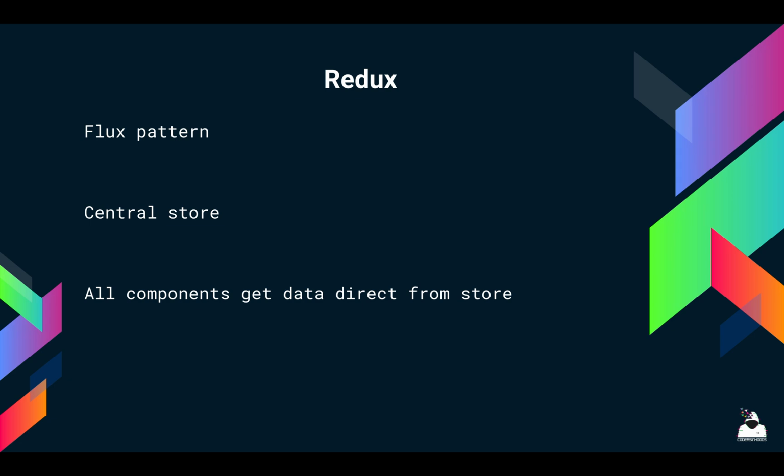But you have this central store, and all components can get data directly from the store. So components will receive props, and they come from the central store. Anytime that store changes, it's just like a state change.